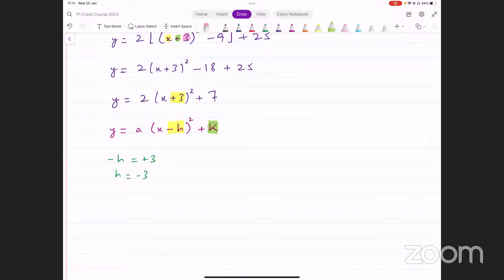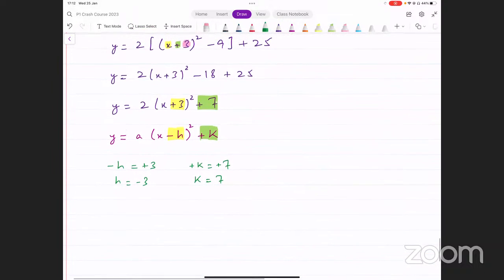Similarly, if you compare the number outside, that's plus k. What you've got is plus 7. You equate both of them. Plus k equals plus 7, and that gives you k equal to 7. So the turning point of this function is (h, k), which is (minus 3, 7). This is the turning point of this quadratic function.